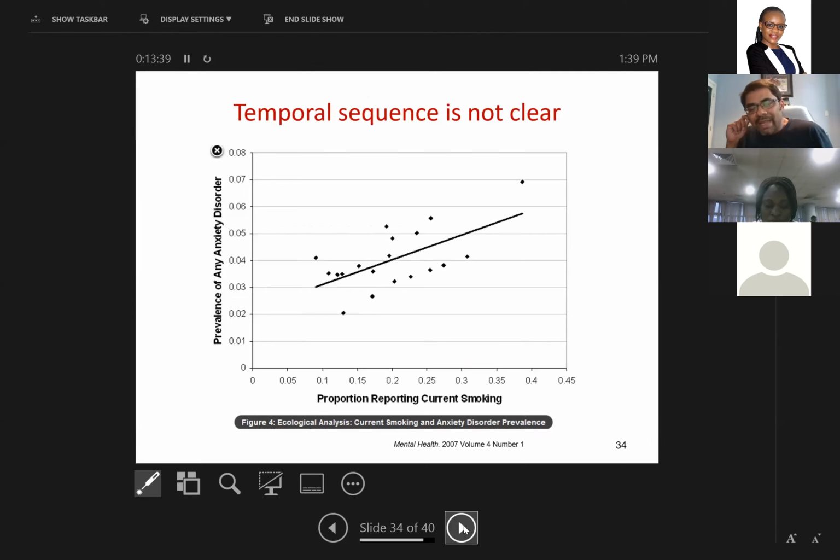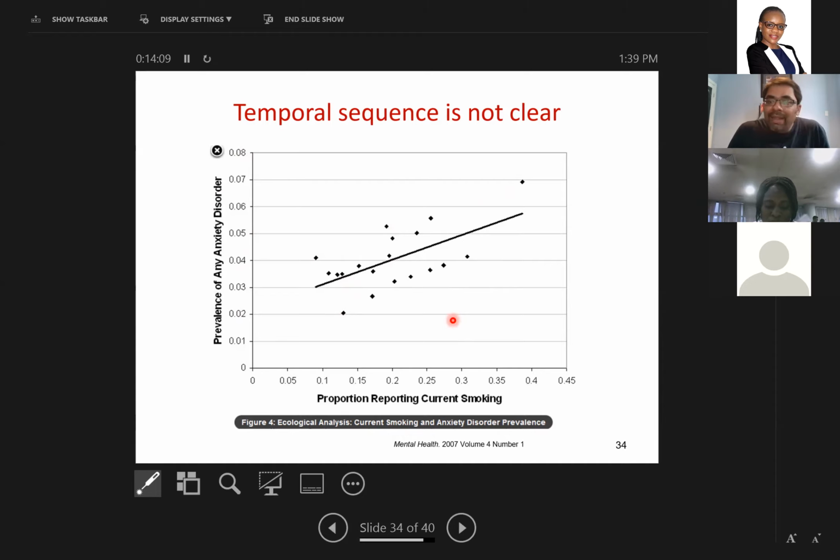But here is an example on smoking and anxiety disorder, and there's a correlation. Okay, so you see a correlation in these countries that the higher the proportion of population smoking, the greater the prevalence of anxiety disorders, okay? But you can never tell from this graphic whether people started smoking, then ended up with anxiety disorders, or it's because they're anxious, they started smoking, right?